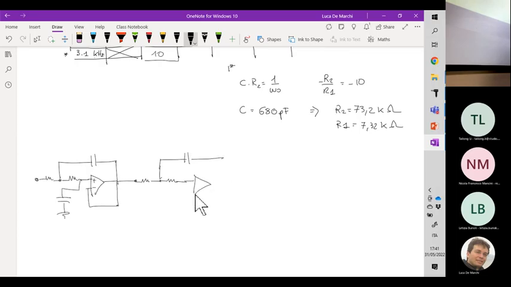So again, resistors, C2 and C4, and unitary gain buffer. Last, Sallen-Key.